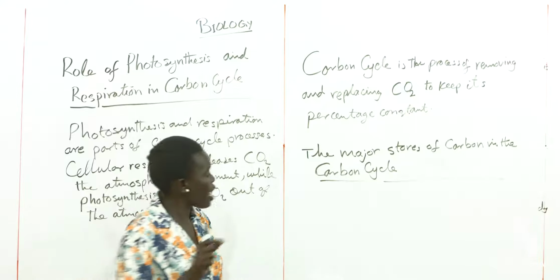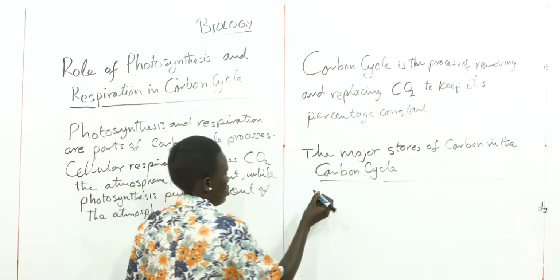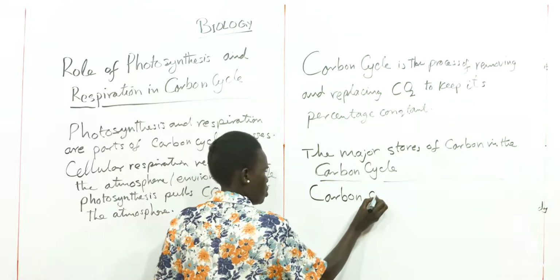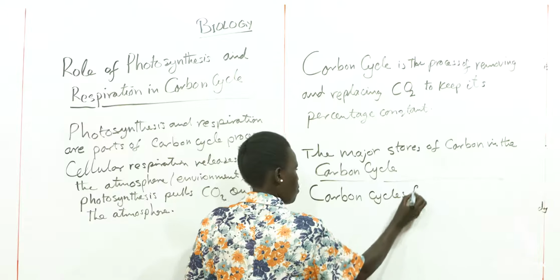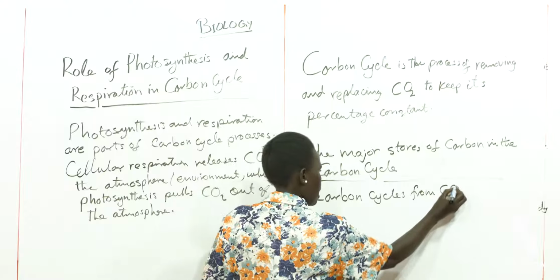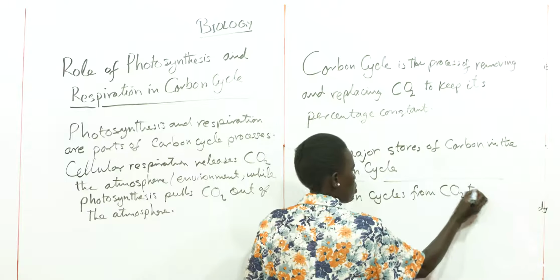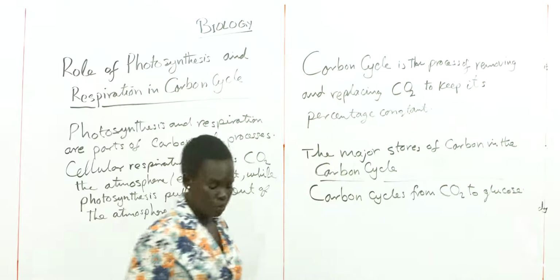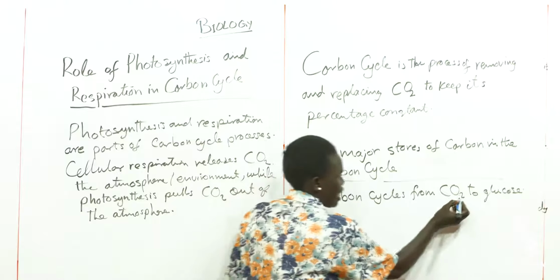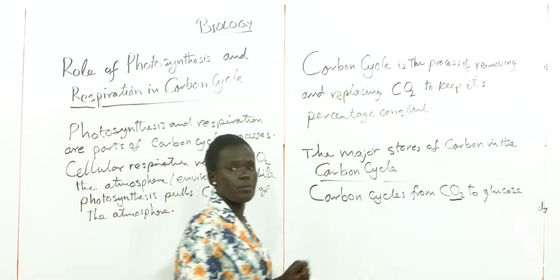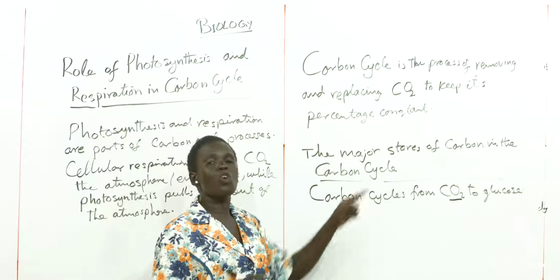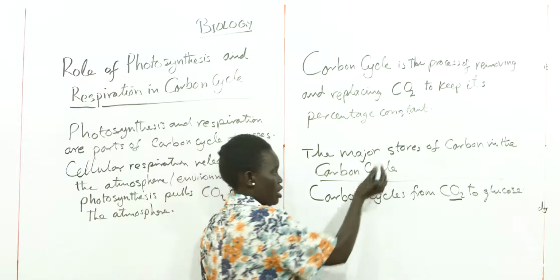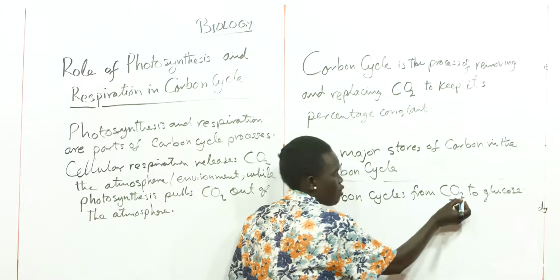carbon cycles from carbon dioxide to glucose. So what are the places that we can get carbon dioxide from to make the carbon cycle continue? The carbon, the one cycling around, we get it from carbon dioxide.